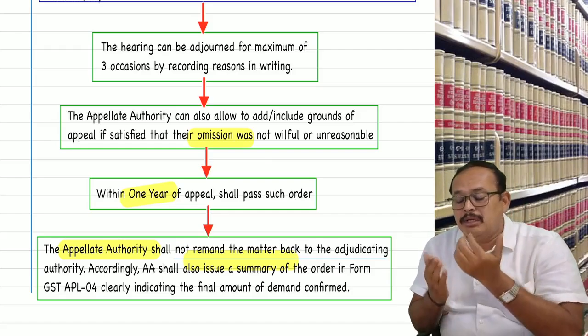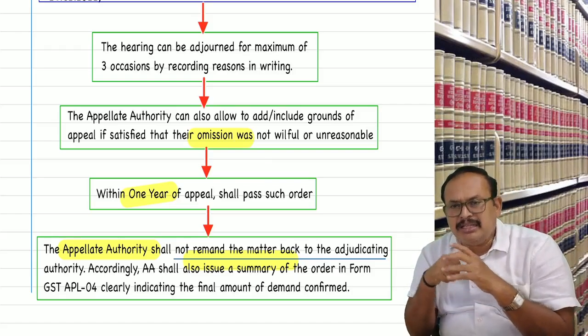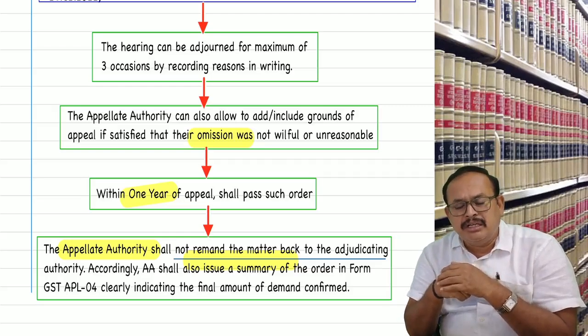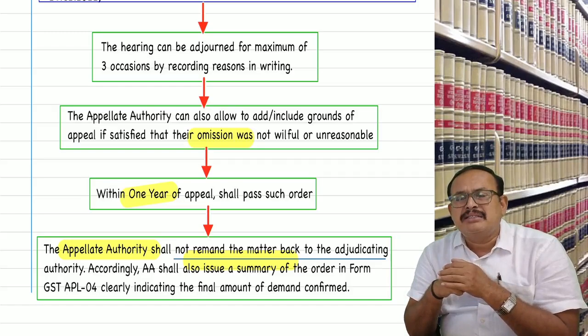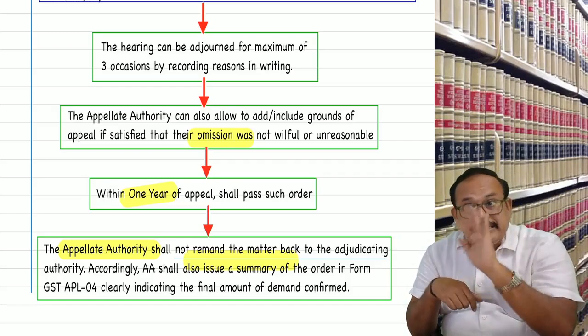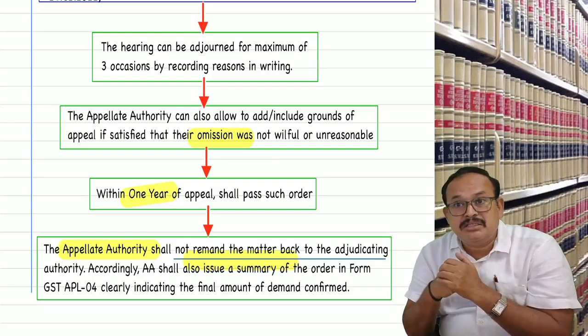For example, the Joint Commissioner of Appeals is hearing the case. While hearing, the matter noticed is that the department, the superintendent, passed a tax demand of 9 lakhs. It is not 9 lakhs actually, it is 19 lakhs. Shortfall how much? 10 lakhs.